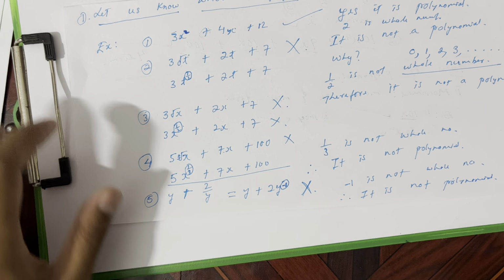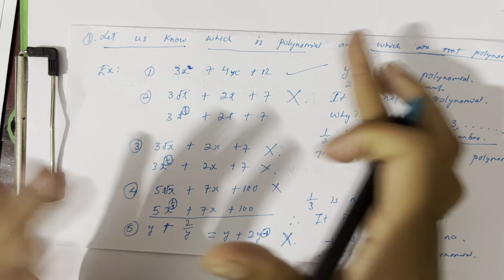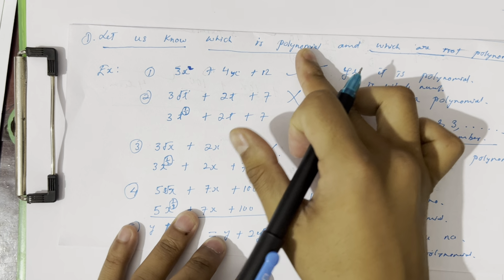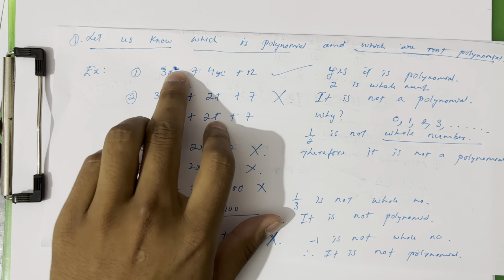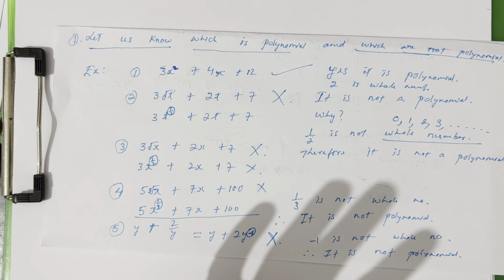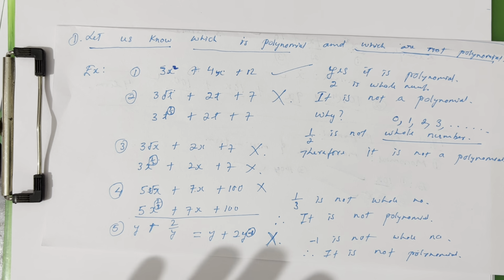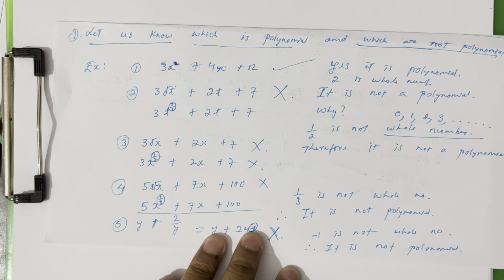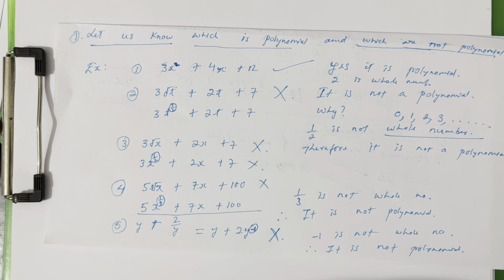Hope now you understand how to identify which is a polynomial and which are not. So you check the power first. If it is a whole number, then it is a polynomial. Suppose this 1/3 is not a whole number, then it's not a polynomial. So this minus 1 also is not a whole number, so it is not a polynomial.